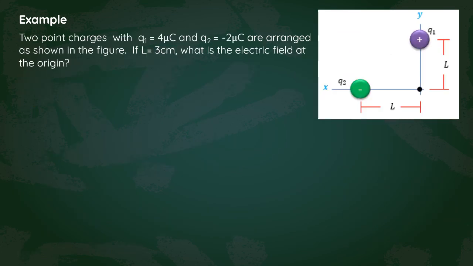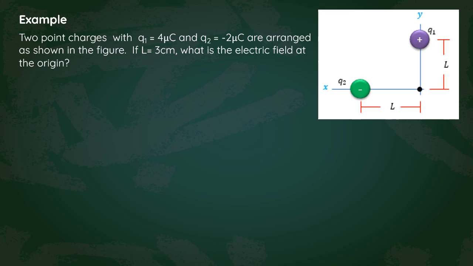Let's look into another sample problem. Two point charges, Q1 with a charge of 4 microcoulombs and Q2 with negative 2 microcoulombs, are arranged as shown in the figure. So we have here the positively charged Q1 placed along the y-axis, and your negatively charged Q2 placed along the x-axis here.